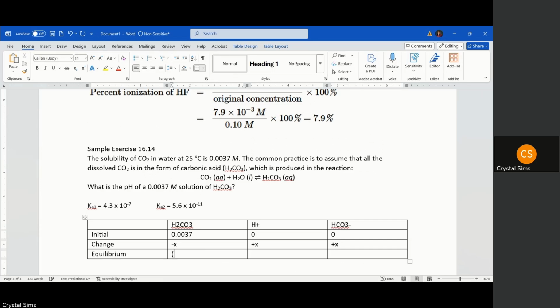So now I've got my ICE table all filled in here, and then I need to get my equilibrium constant.